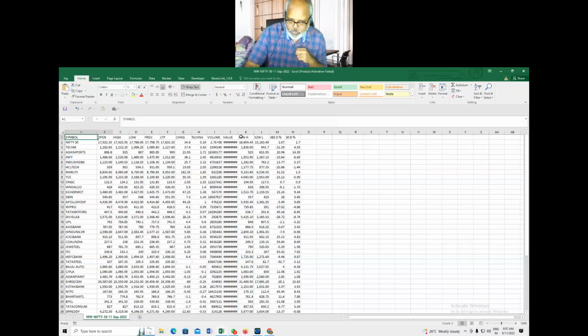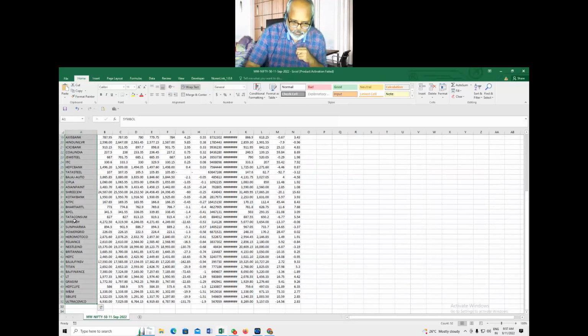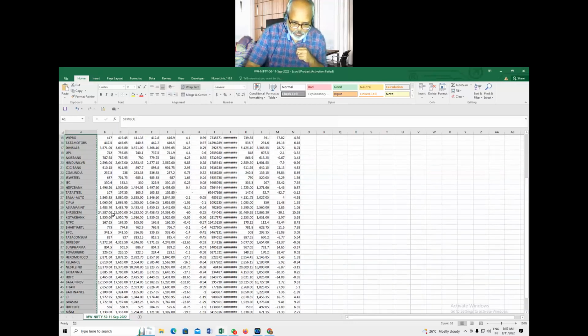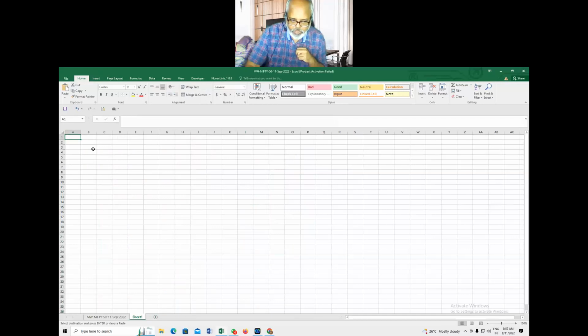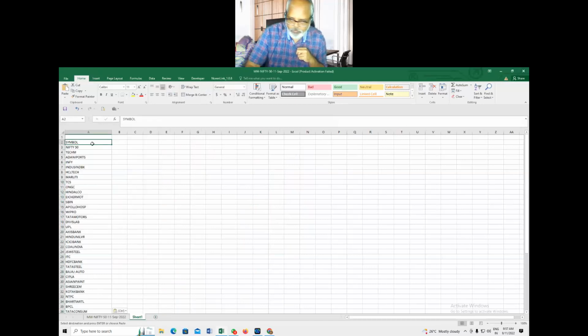So what I would do is copy this symbol column completely, make a new sheet, paste it as values, and then use the filter button to arrange these stocks alphabetically.